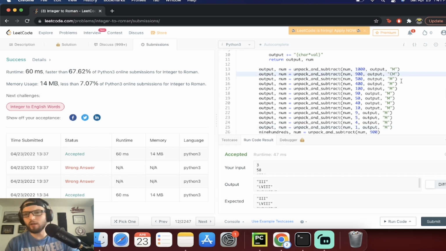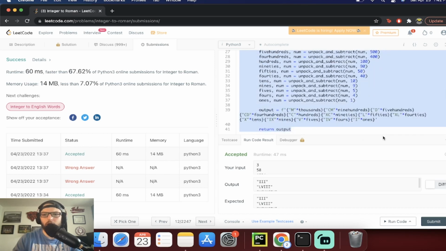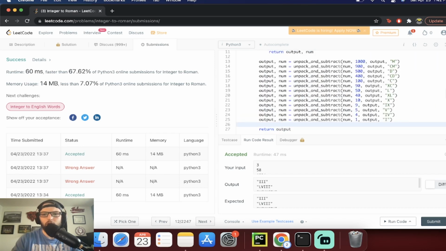M, CM, D, CD, C, XC, 50 would be L, XL, X, IX, V, IV, I. Output is all that. Just return output.